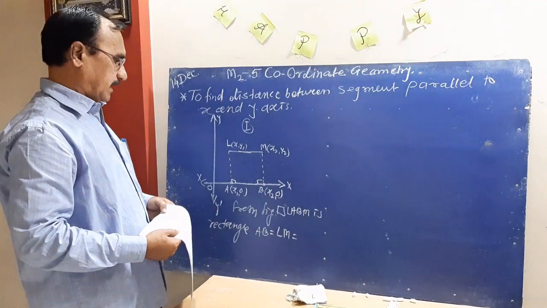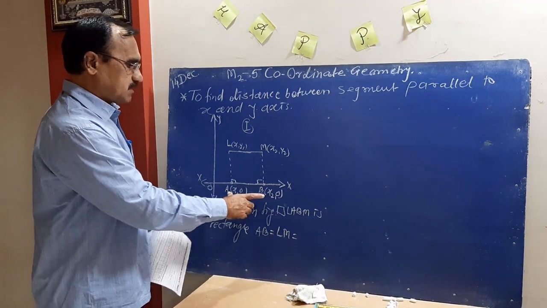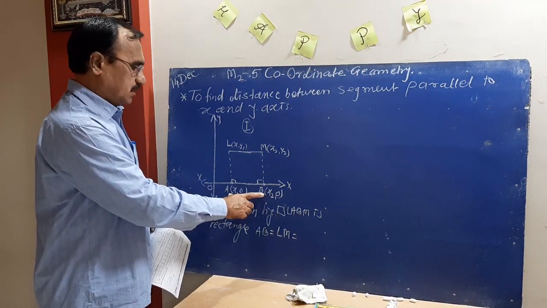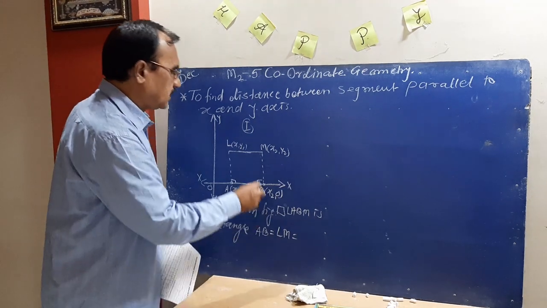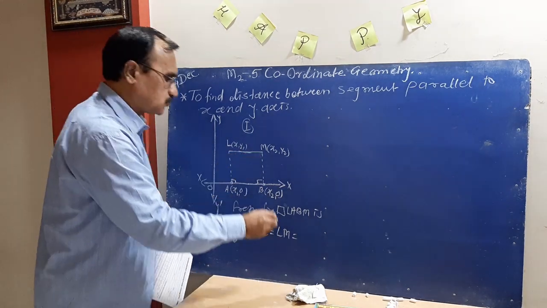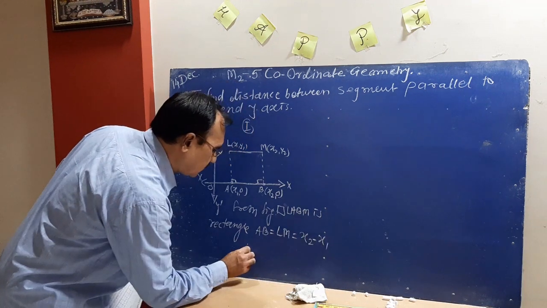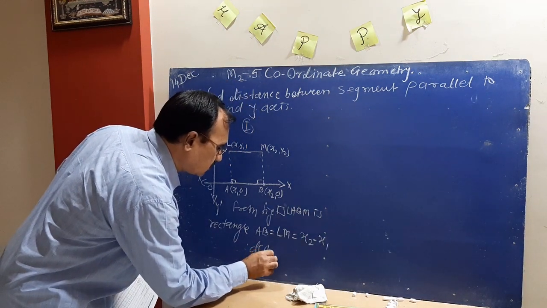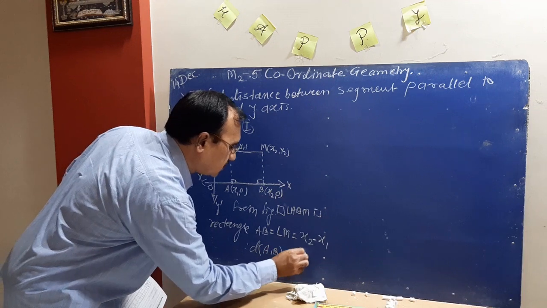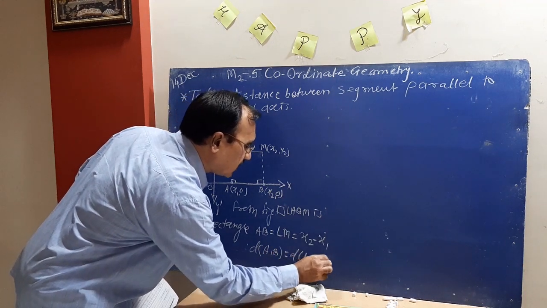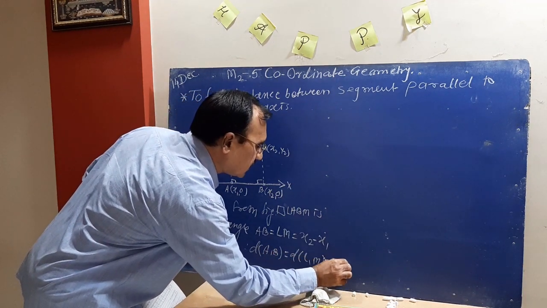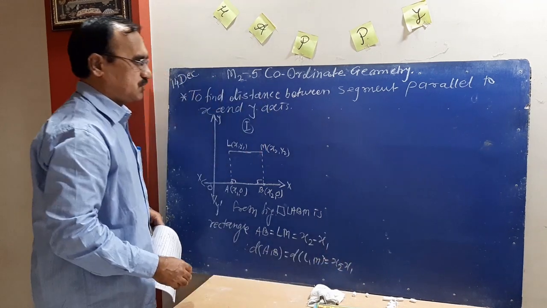But the distance between points A and B is x2 minus x1. That means this LM is also x2 minus x1. And therefore distance AB is equal to distance LM, which is also x2 minus x1.